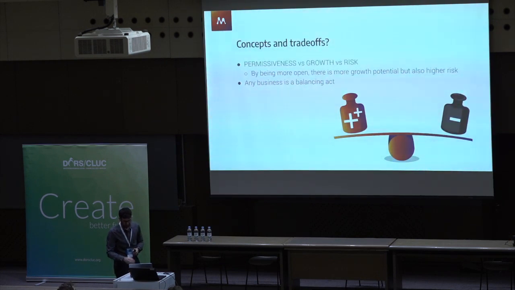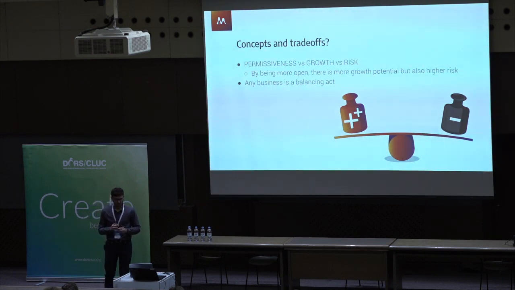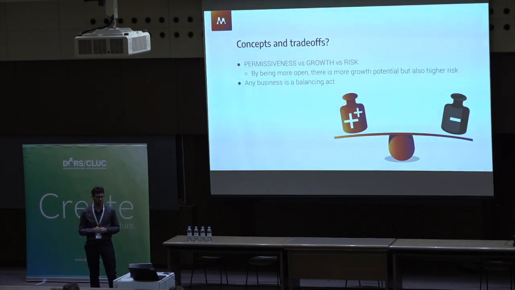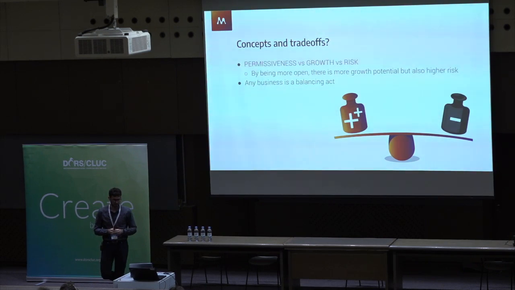All right. And then maybe to explain the concepts and trade-offs. So usually with the open source software, you can achieve much bigger growth, especially if the software is more permissive. So for example, if you pick Apache 2 license as an option, that's very permissive, and everyone will be super happy by using that type of software.